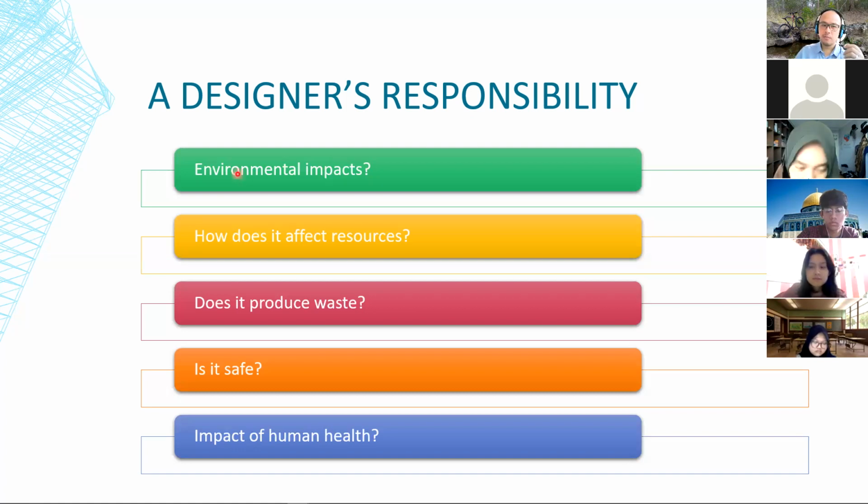First of all, environmental impacts. If you were to create an object, ask yourself this first: what are the environmental impacts of the object? Now, I mentioned that everything is connected to everything else, and that is a widely quoted statement about the world in which we live today.